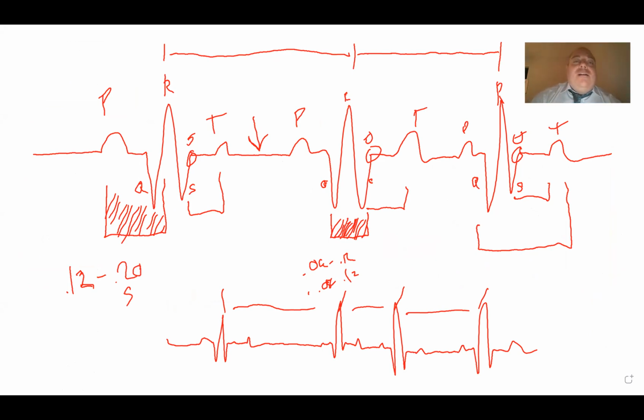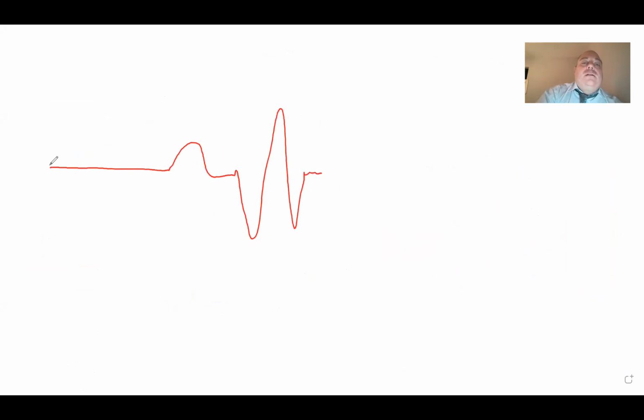Okay. All right. So relative refractory period. Let's talk about what all that is. So P wave, QRS, T wave. Okay. So your absolute refractory period is pretty much going to go from here to here, to the beginning of the T wave.